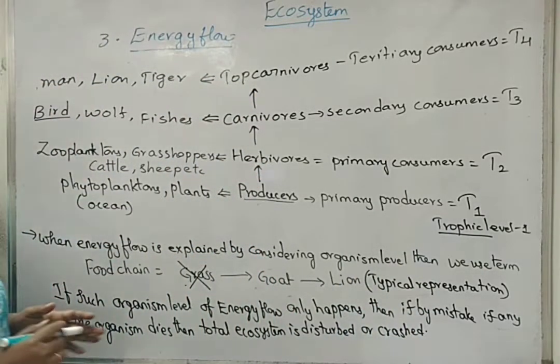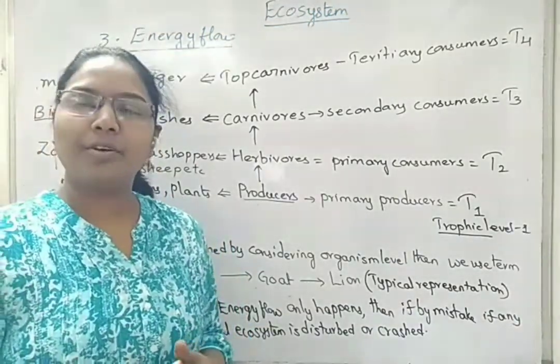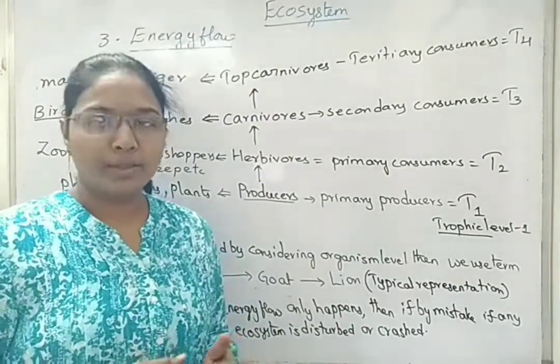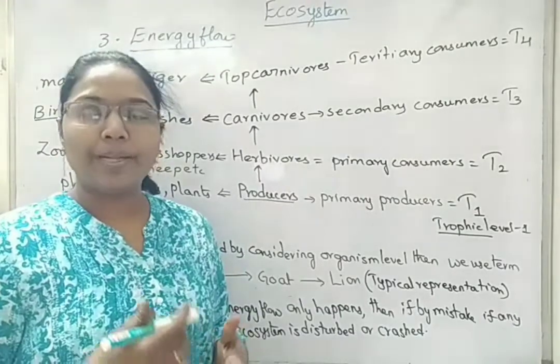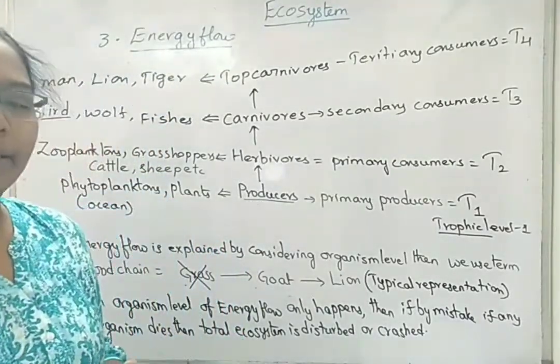So what happens in nature is that generally an ecosystem exists in the form of a food web. It means that one organism is prey for many types of other organisms, or one organism depends on many different types of organisms as its food material.